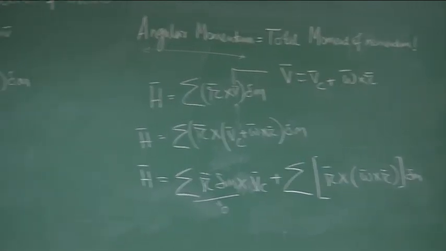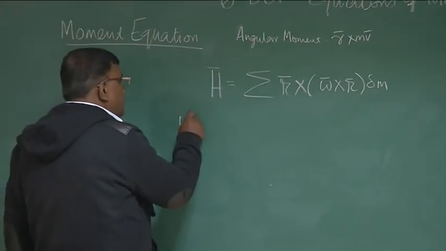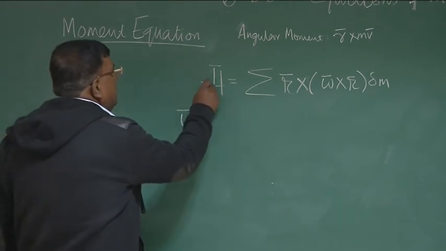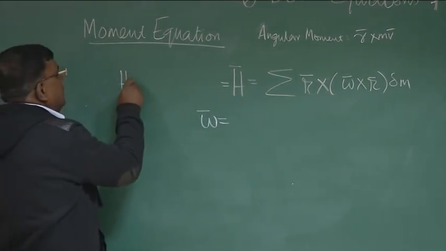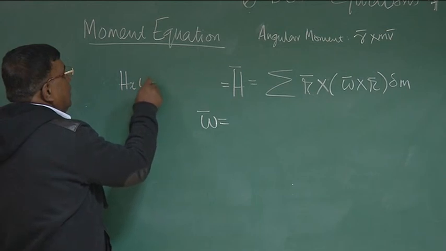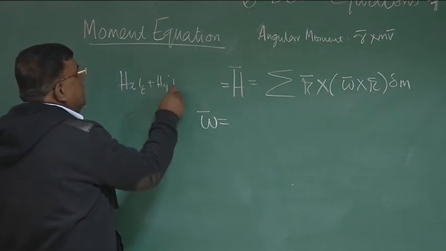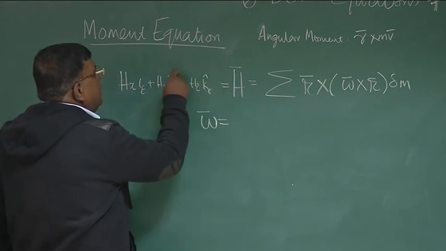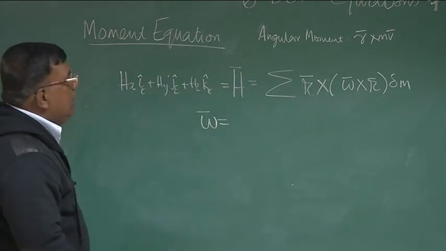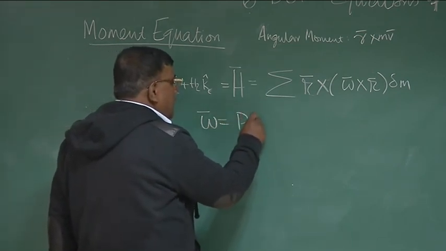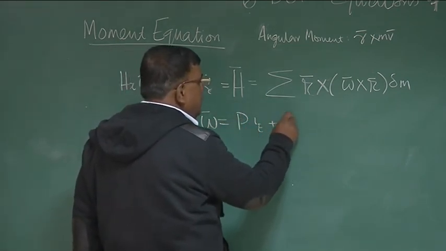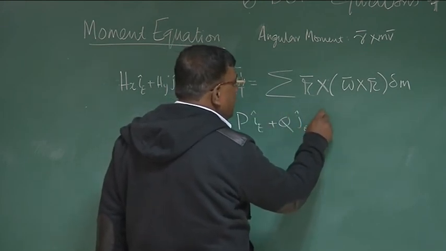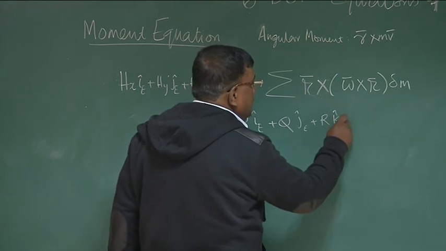So this is very clean now. You see, I have to use this relationship because H has components like Hx i plus Hy j plus Hz k, which are the unit vectors. So omega I will expand as P i plus Q j plus R k.